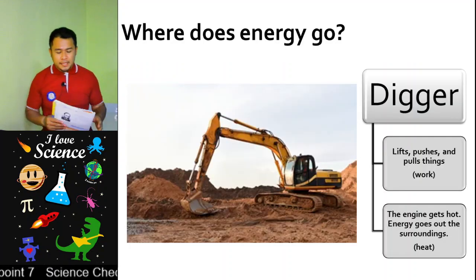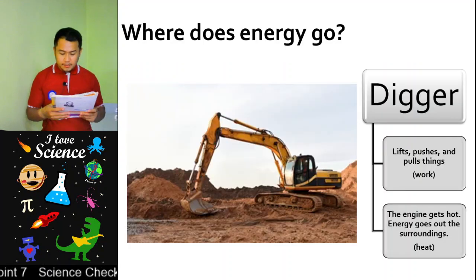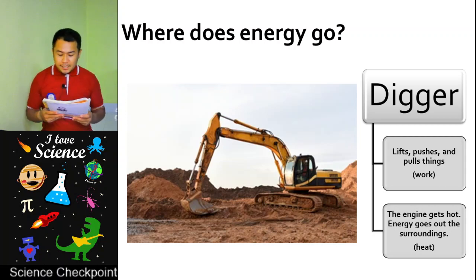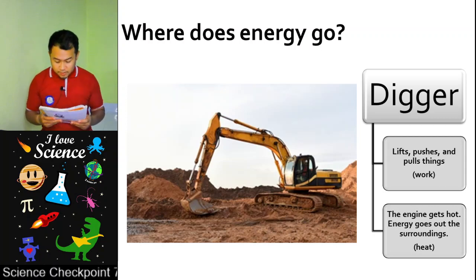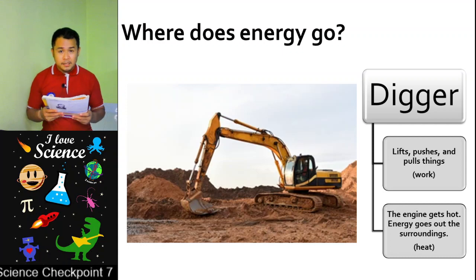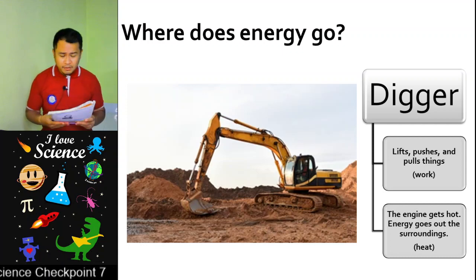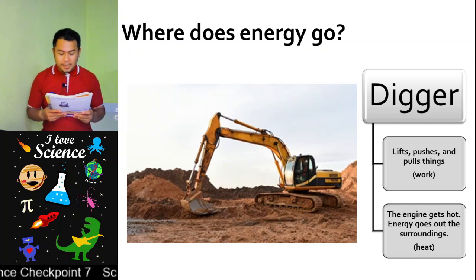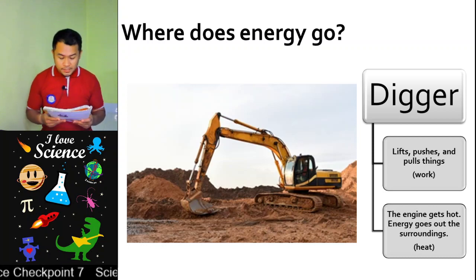Okay, so it says here in the photograph, we have a digger in a building site, and it digs and pushes soil. Also, it lifts some bricks and maybe heavy stones. So the digger needs a supply of energy to do these things.